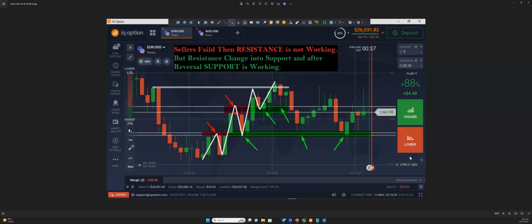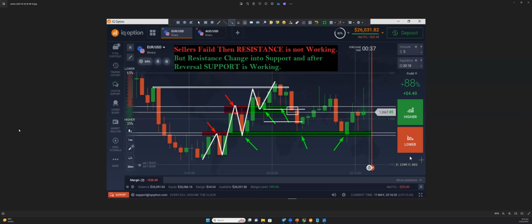So what is the source of this breakout? This is the third candle. The previous is the second candle, and one is the source of the candle. This candle and the red candle create a support, and because this source failed after the breakout, you think that there is no reaction in the support and it is not working.